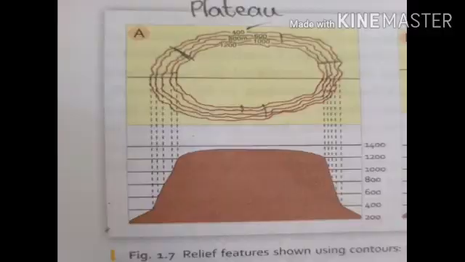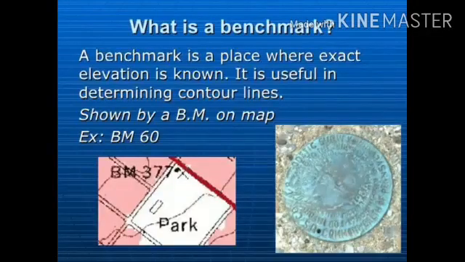Benchmark. Sometimes the height of a specific point of a prominent or durable object such as rock or building in the field is recorded for permanent reference. This height is known as benchmark. It is shown by a black dot followed by BM and a number.